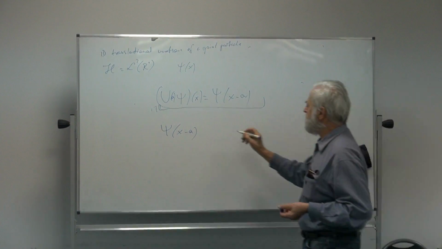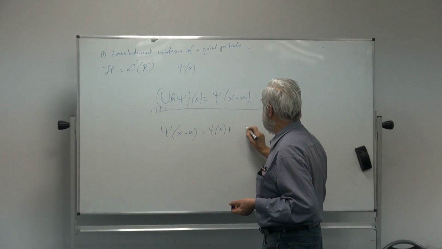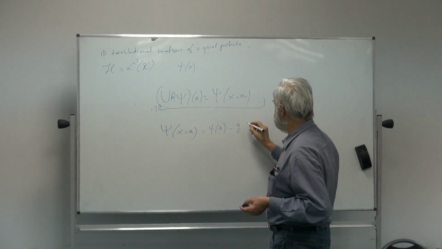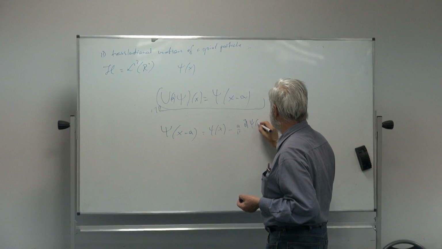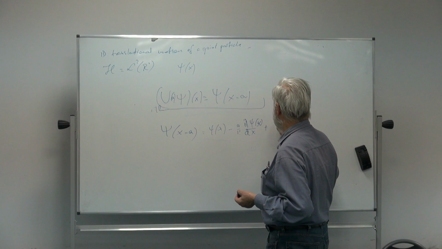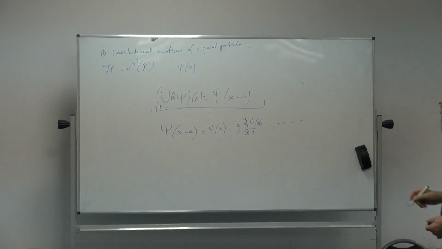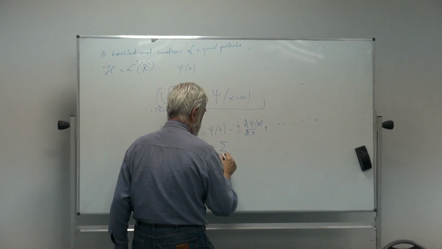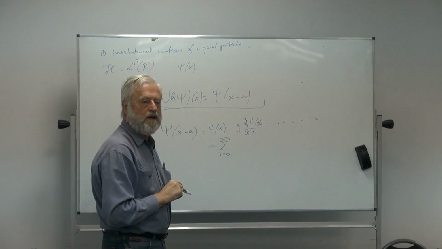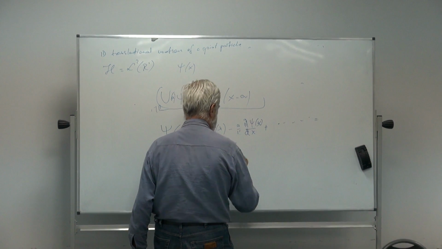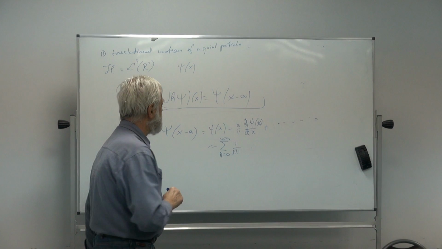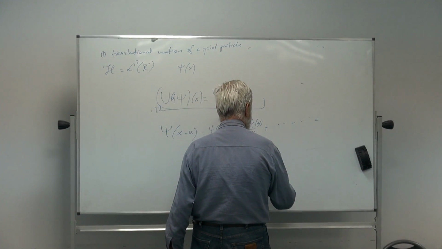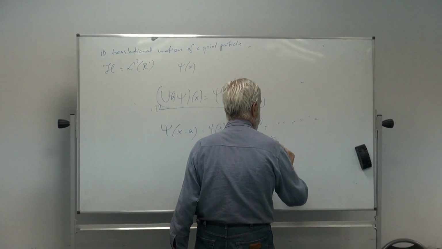Yes? So we know how it goes. It is psi of x plus, or maybe minus, a over 1 factorial, which is 1, times the derivative of psi of x with respect to x, plus, and so on, which is the same as saying that this is the action of a sum over n from 0 to infinity, 1 over n factorial, a to the nth power times minus d by dx to the nth power acting on psi of x.